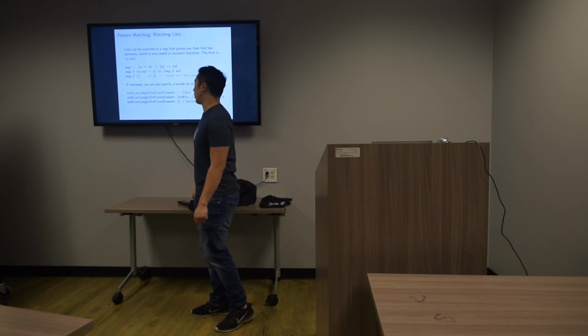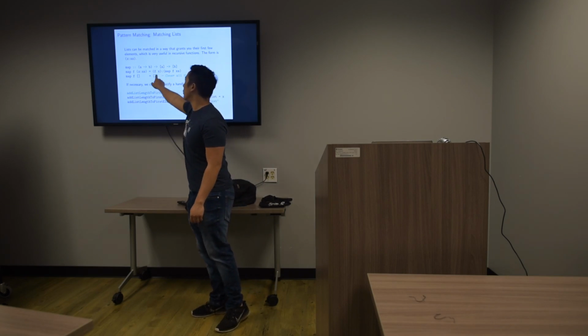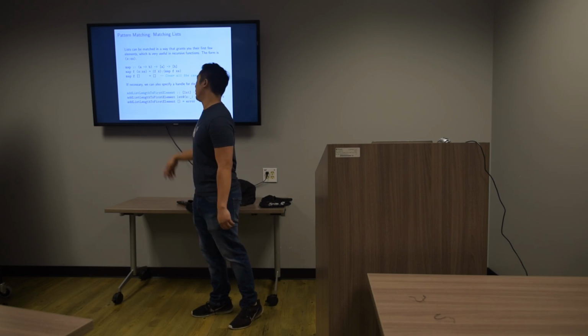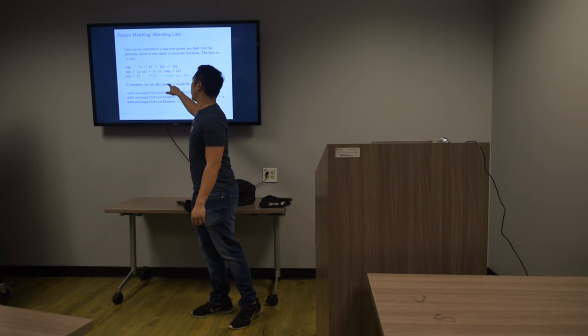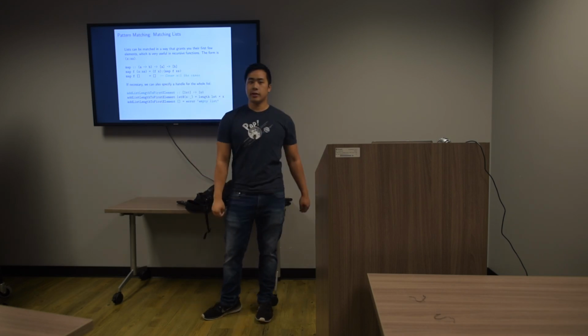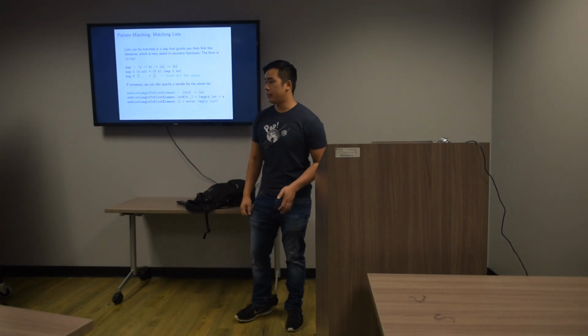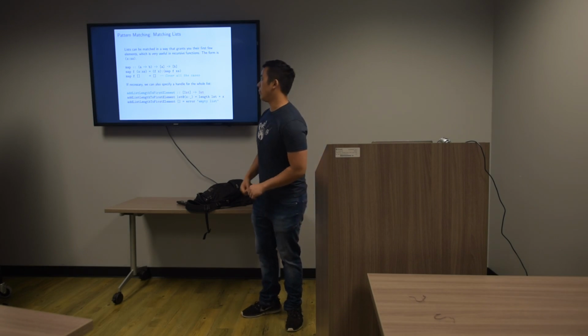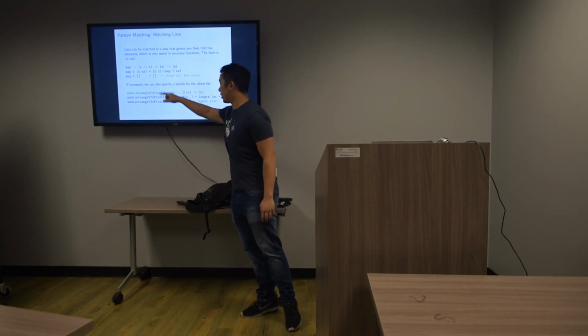So how will we use this in our code? Well, we're going to apply the function we just got to that first element, and then we're going to prepend it to the application of map, using the same function on the rest of the list. So that's a very clean implementation in my opinion, because you're able to just pattern match over here.